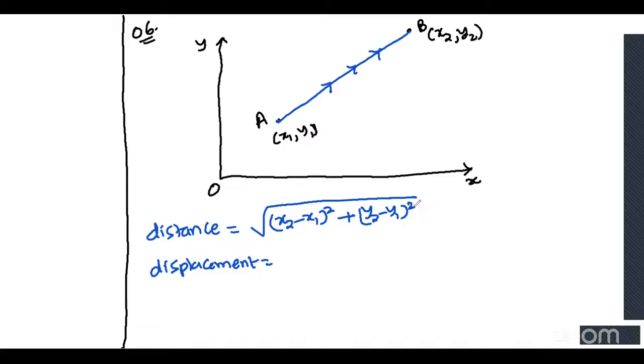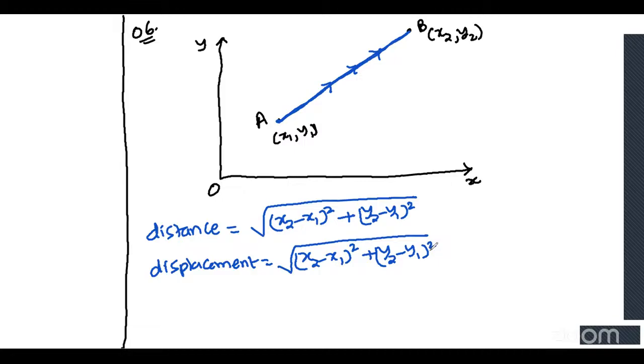Okay. Displacement. This is the shortest distance only. So, this is also under root x2 minus x1 whole square plus y2 minus y1 whole square. Okay?